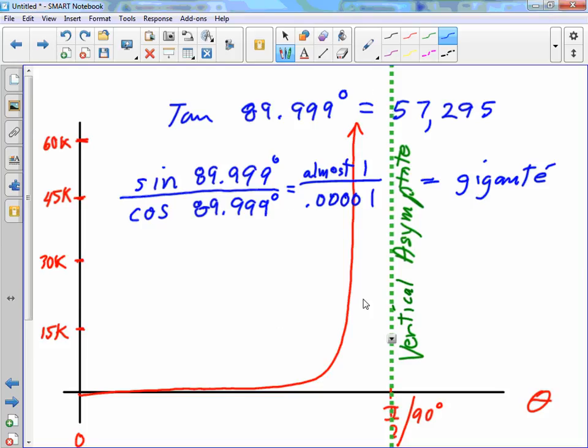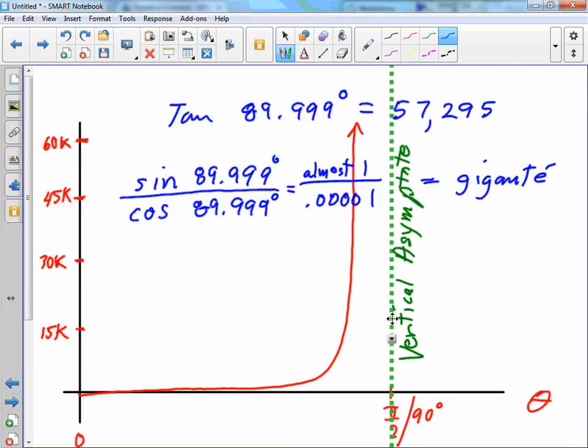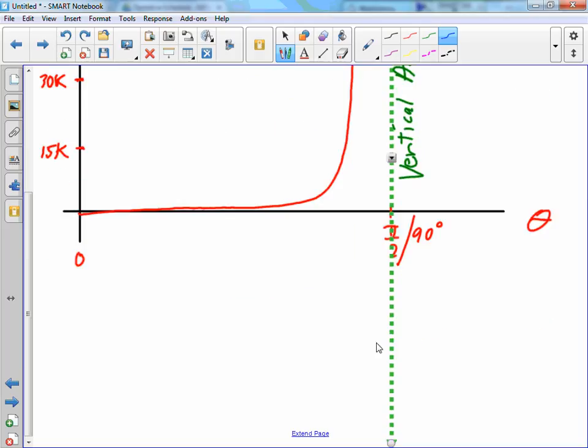Okay, that's why I put the arrow on. Then you try to divide by 0 at pi over 2, and it blows up. Then this is where it gets really cool. What does it do on this side, David? What does it do over here? How? You're right, but how?